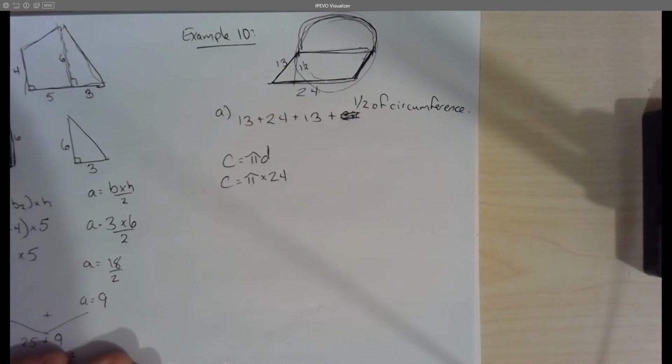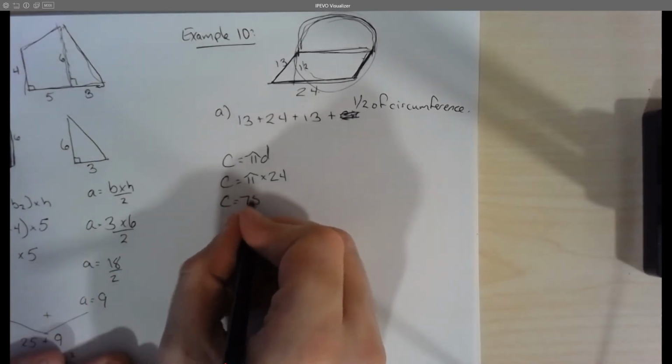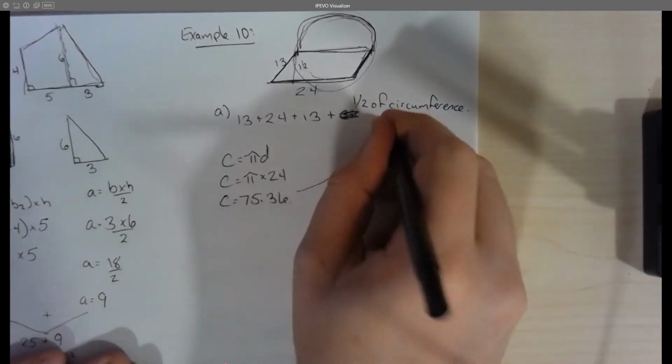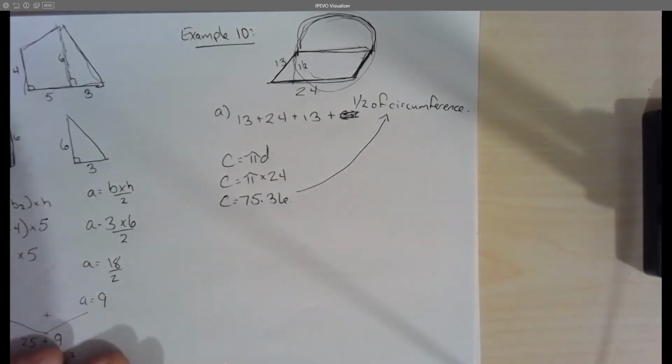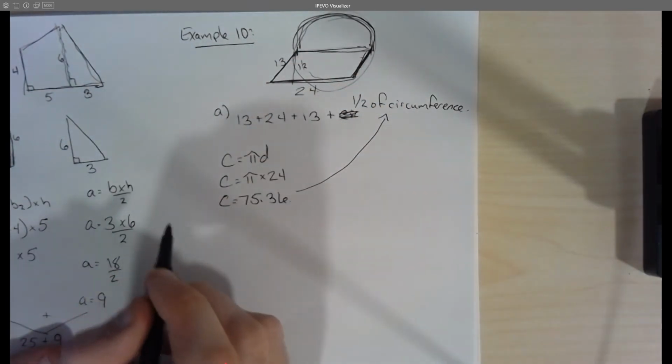So circumference is actually pi times 24. And again, you could plug this into your calculator in multiple different ways. I'm just using 3.14. And when I do, I get a circumference of 75.36. So I'm going to plug that in here. I actually need half of that because I only have half of a circle circumference.